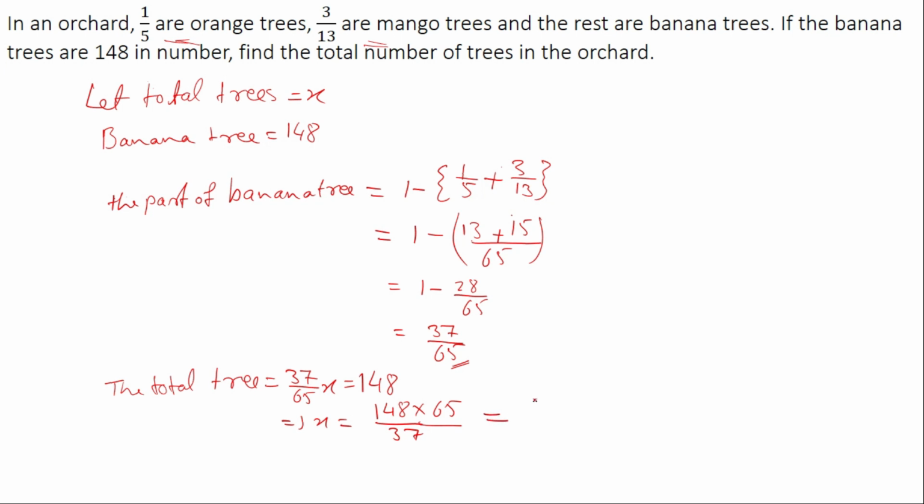When you solve it, you will get the answer 260. That means there are a total of 260 trees in the orchard.